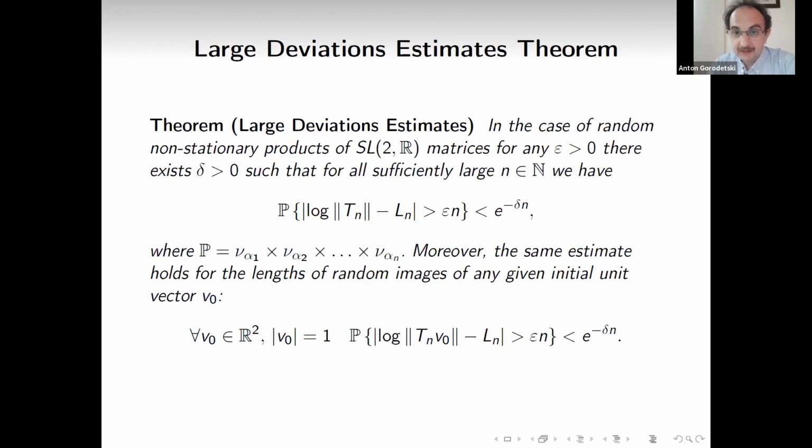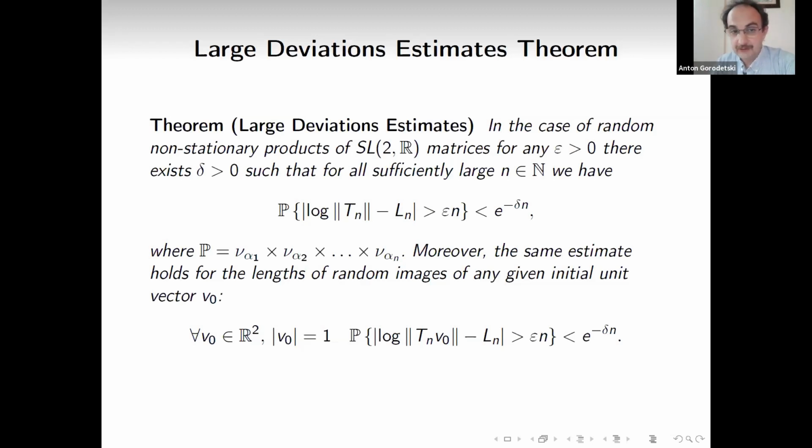And this is a complete analog of the large deviation estimates from the usual probability theory for the usual random variables. A similar statement holds also for the vector. Whatever vector you take, you are going to grow exactly with the rate prescribed by this non-random sequence of numbers, and the measure of exceptions is going to be exponentially small.